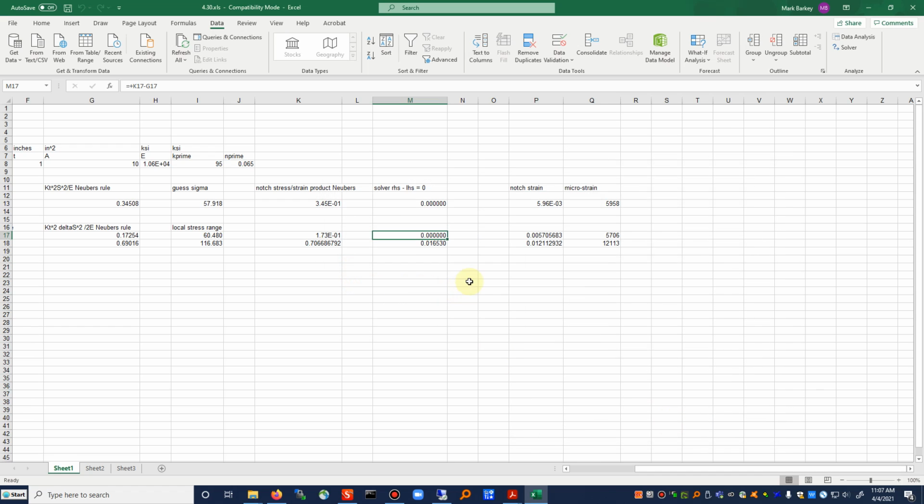Okay, so let's see what I got with that. Now I have a local stress range of 60.48. Let me write that down. So that's a delta sigma of 60.48 KSI. We'll probably call that 60.5.